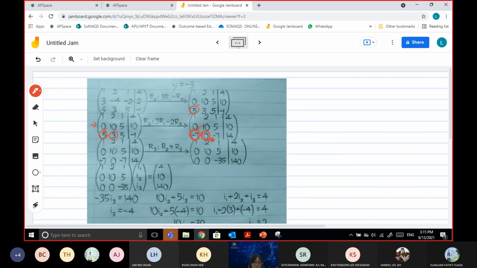It quite depends on your luck. Sometimes you have something that is easy, you can solve it without having this problem, but you may not have such an easy way when it comes to other matrices. Then when we come to the next one, R2 times R3.